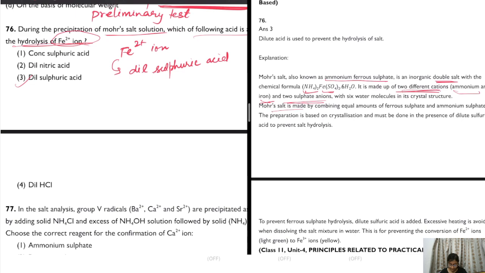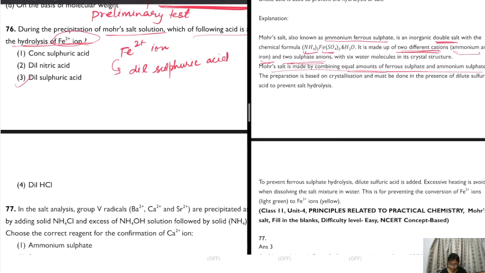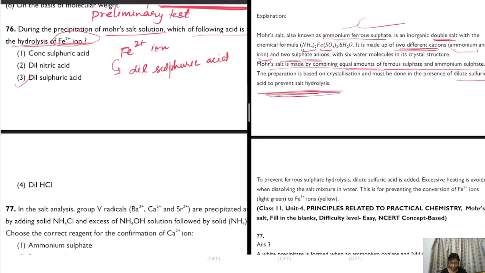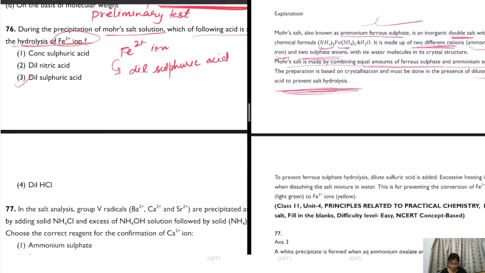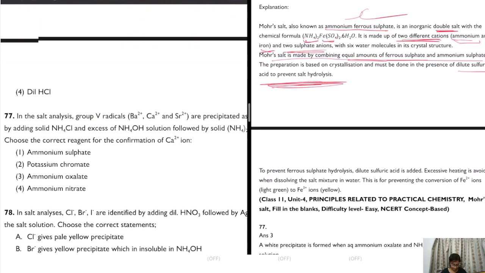It is made by combining equal amounts of ferrous sulfate and ammonium sulfate. To prevent the hydrolysis, we use dilute sulfuric acid. Otherwise, it will break back into its constituents, ammonium and iron sulfates. So to prevent the hydrolysis of Fe2+, we use dilute sulfuric acid.